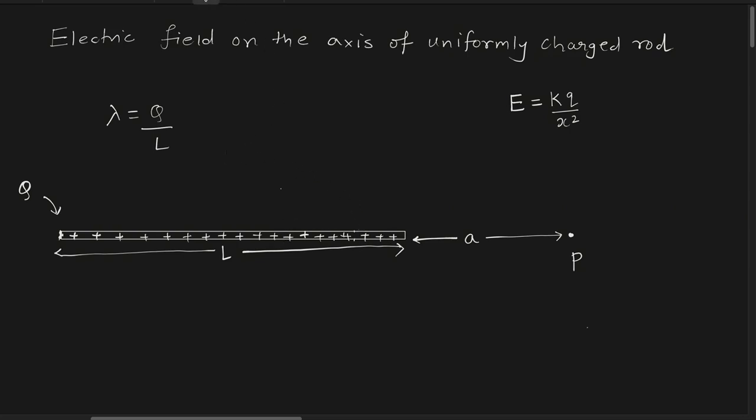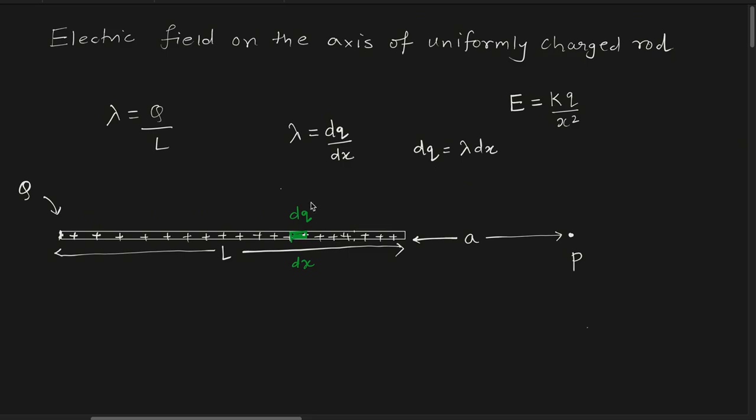Now you can take a small charge element, dq, and the length of that element is dx, a very small length. Now you can write lambda as dq by dx, so dq is equal to lambda times dx. I will use this later.